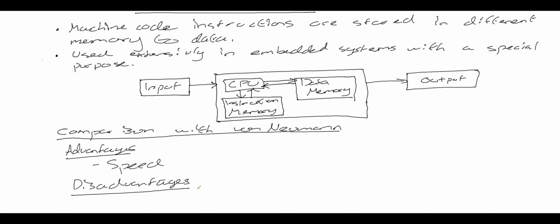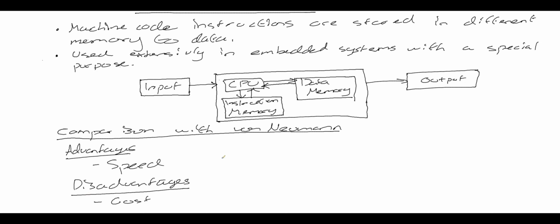Disadvantages then, we've got cost. Because we've got additional electronics involved in putting together a Harvard machine, so for example we've got additional buses, it's going to cost more to put together a machine in monetary terms because we're using more electronics.